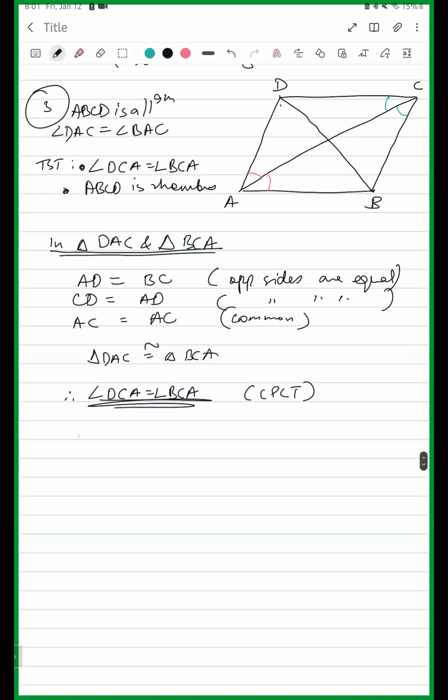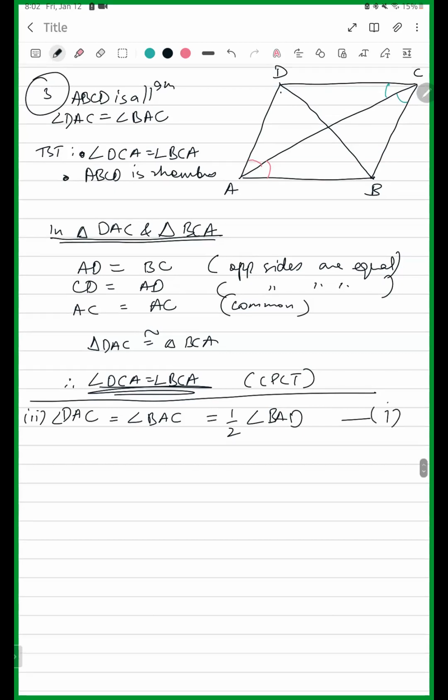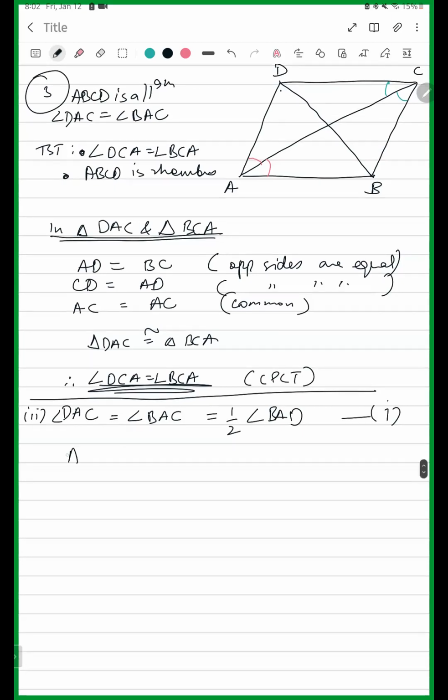See, this is the second part of the question. Angle DAC is equal to angle BAC, which is given, right? And this is equal to half of angle BAD. Okay, these pink angles. Fine. Let's mark this as equation 1. Then we can see that side AB is parallel to DC, and here AC is a transversal.